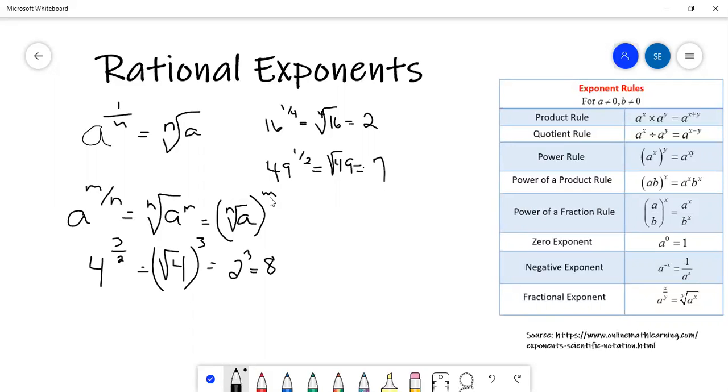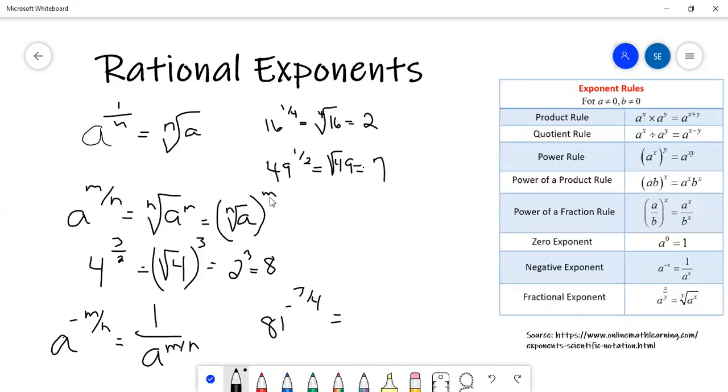And the final thing that we wanted to cover here is that whenever we have a negative exponent, that's really like 1 over. So if we have a to the negative m over n, this is really equal to 1 over a to the m over n. An example of that might be 81 to the negative 3/4.